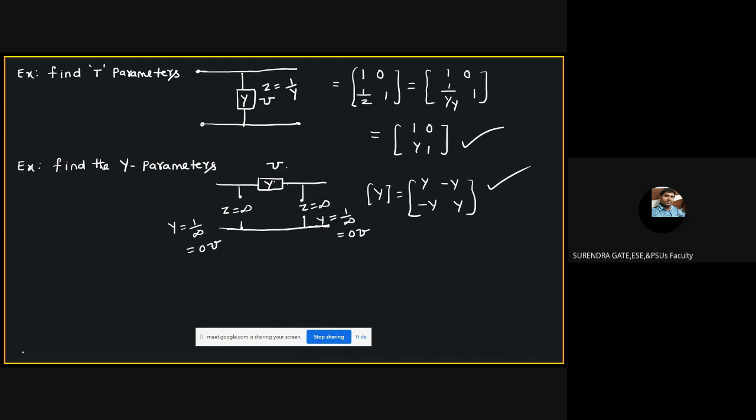For example, one more example. Find the Z parameters of the network. This is the given network. For this network, you want to find the Z parameters.